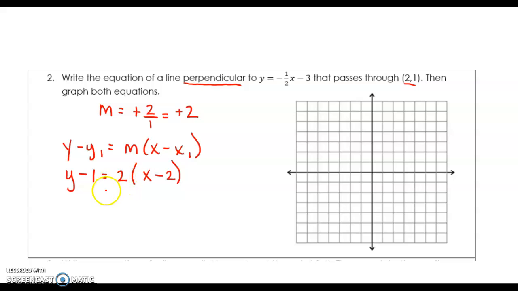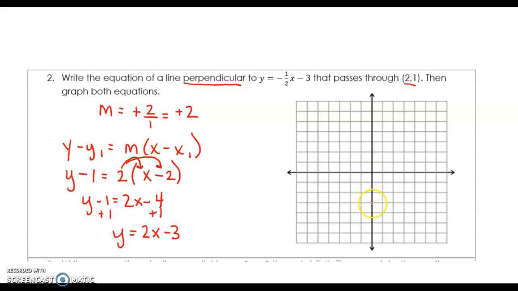Now to graph this, I need to get it into slope-intercept form. So I'm going to distribute this through. y minus 1 equals 2x minus 4. And I'm going to add 1 to both sides to give me y equals 2x minus 3.